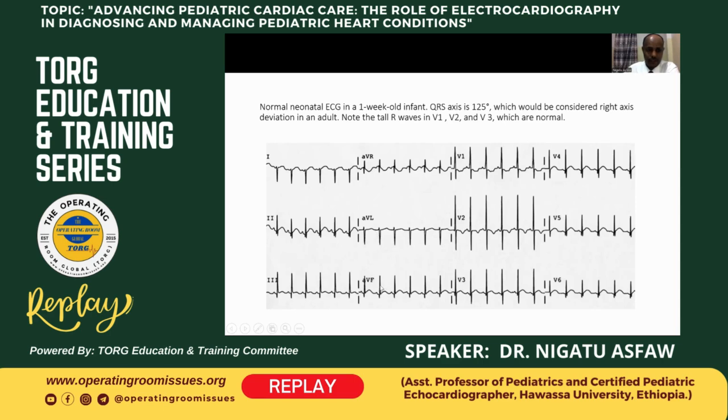So the axis will be in the right quadrant, or there is right axis deviation, and the axis is around 125. And this is normal in the young infant. But if this is the ECG of a 4 or 5 year old or older child that shows right axis deviation, it indicates right ventricular hypertrophy.